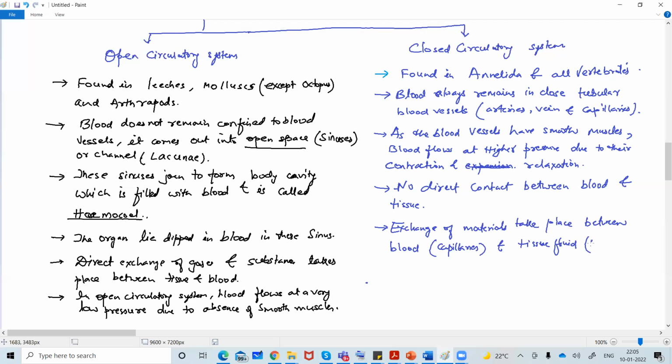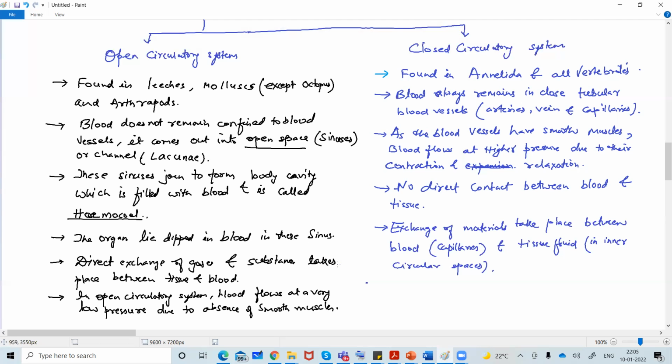And these fluids are present in gaps, in intercellular spaces. And then after that, from these spaces, nutrients or the things will be exchanged with the cell. So again, there is no direct contact.